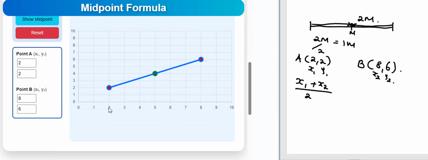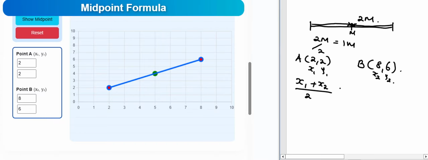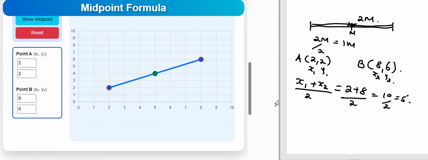So I took 2 plus 8 and then divided by 2 so that I can get the midpoint, which is 5. So 2 plus 8 divided by 2 is 10 divided by 2, which is 5. And then we repeat the same for the y-axis.